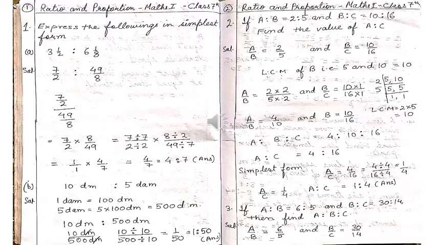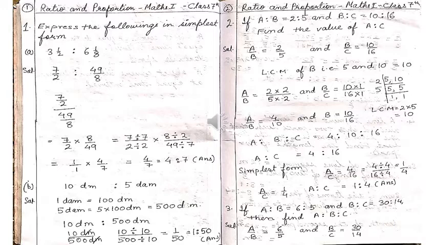Now let's discuss the second question. If A is to B is 2 is to 5 and B is to C is 10 is to 16, find the value of A is to C. Now here A and B we can represent in fraction form and write it as 2 upon 5, and BC as 10 upon 16.